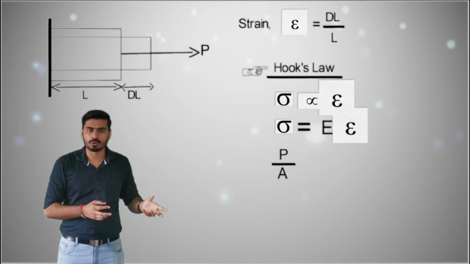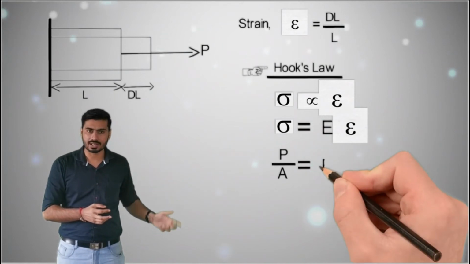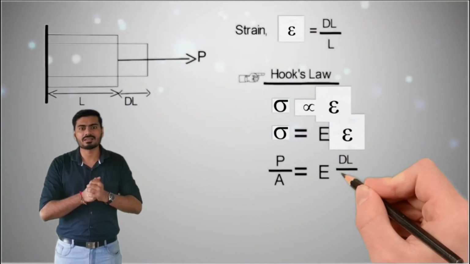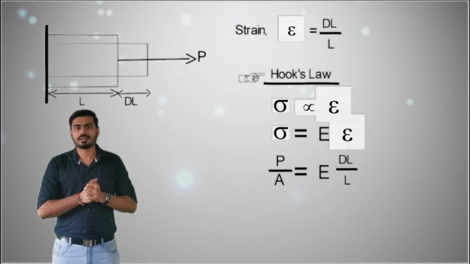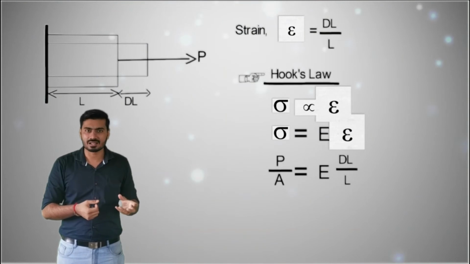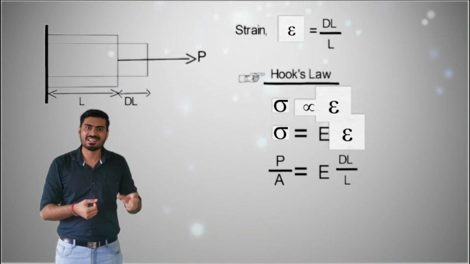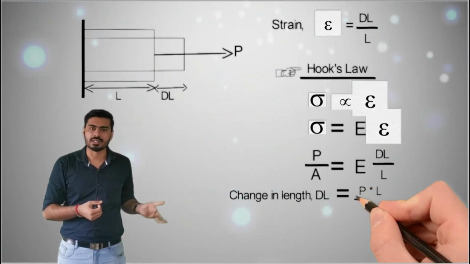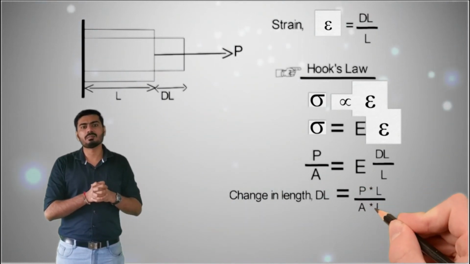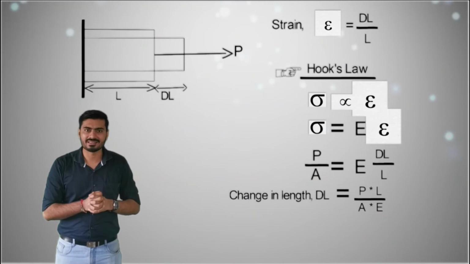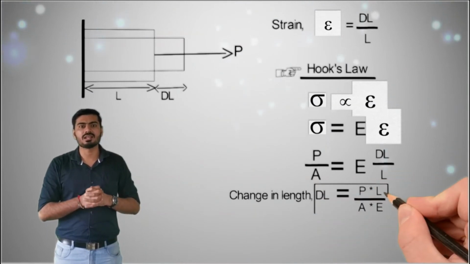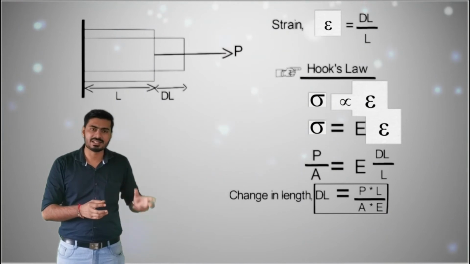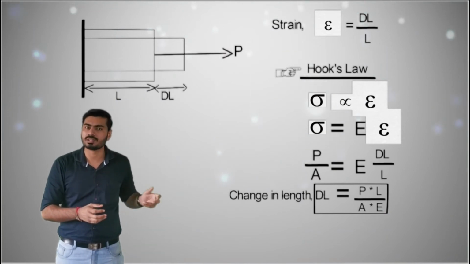Instead of epsilon, we can write dl upon L. Now if you simplify the equation and make dl the subject, we can write dl equals P into L upon A into E. This dl is the change in length of the component, that is dl equals PL upon AE.